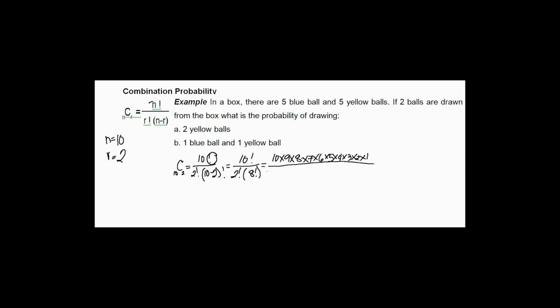Then 2 factorial will be 2 times 1, and we have 8 times 7 times 6 times 5 times 4 times 3 times 2 times 1.